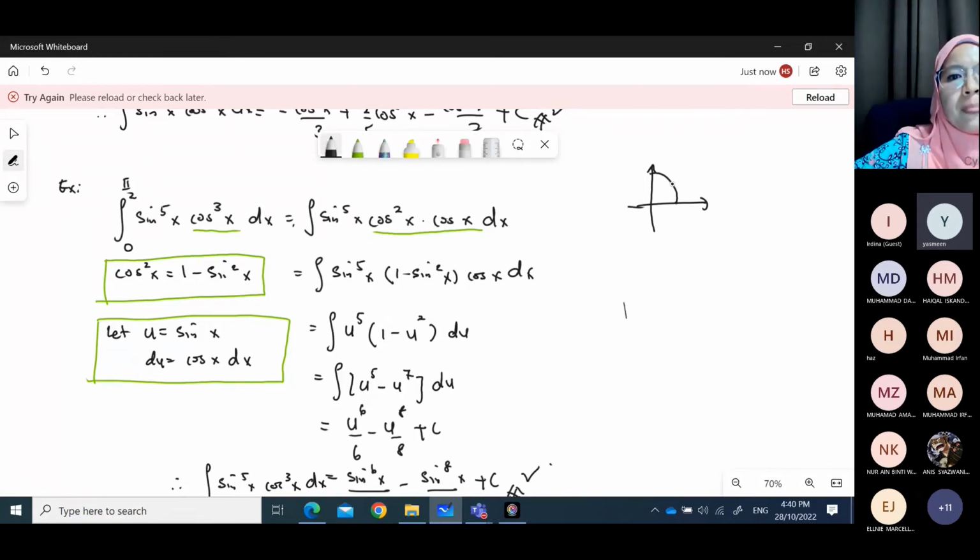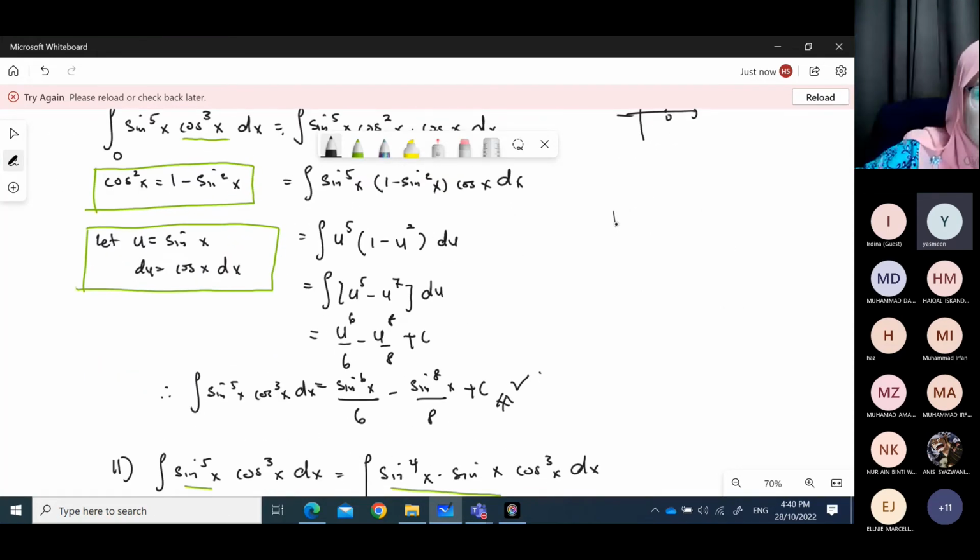Okay, ni dia. 0 to pi over 2. From 0 to pi over 2. Ini sebab 90 degrees lah. Right? So macam mana nak masukkan limit? Cuba masukkan limit. Masukkan limit dapat apa?